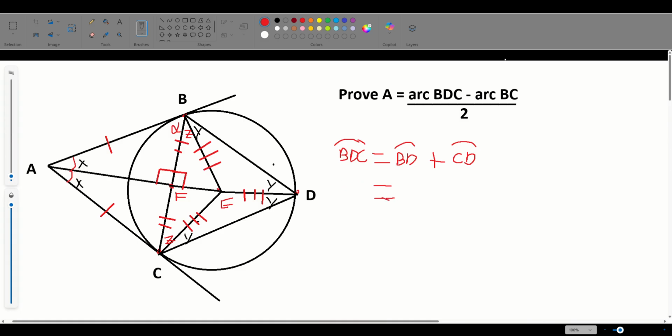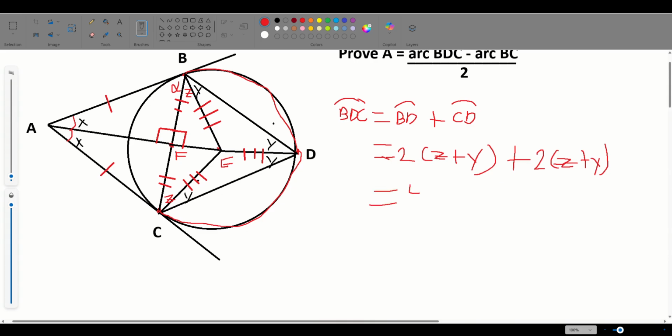So arc BD is twice the measure of Z plus Y. The same goes for CD: this arc is twice the measure of, again, Z plus Y. These are doubled because this is an inscribed angle. Simplifying, we have 4Z plus 4Y.